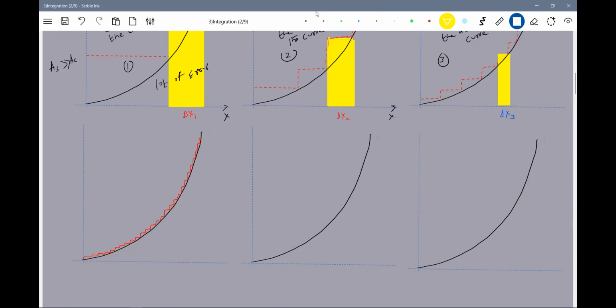So here is what that step will come. Okay, it has come to very small value. Delta x4, I'll write it.